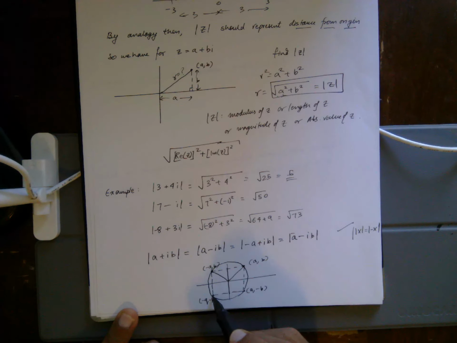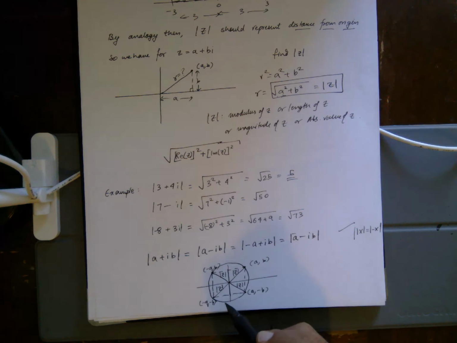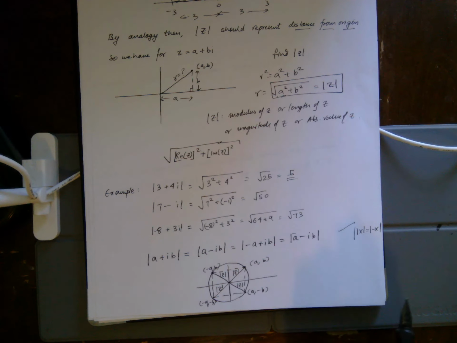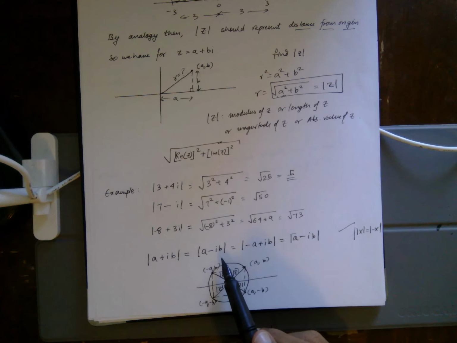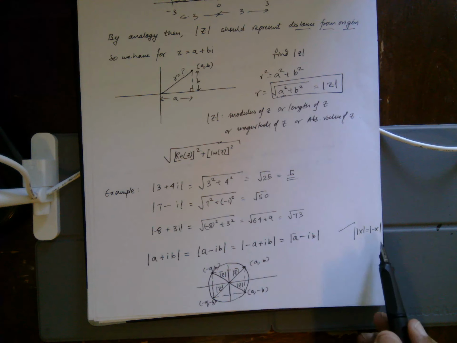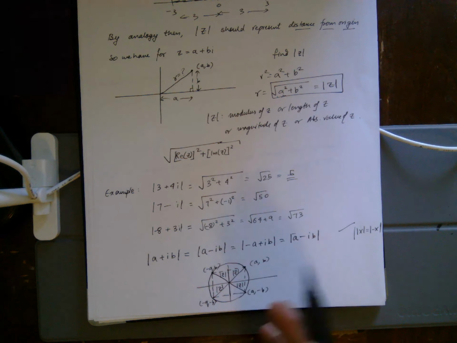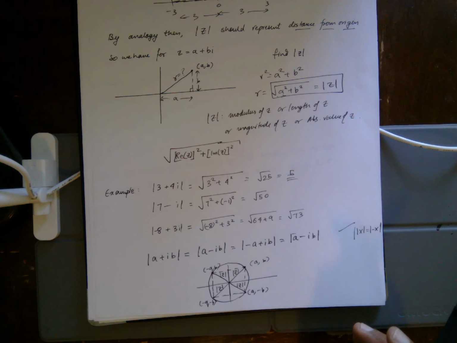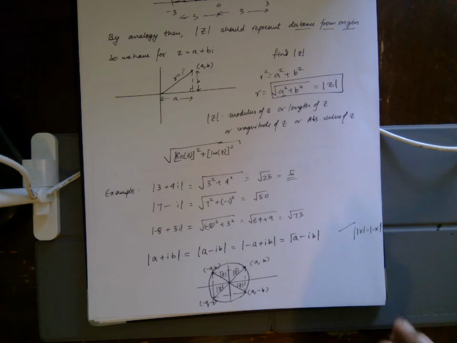And the distance, the modulus of this complex number, on the graph, that's the radius of the circle. And the radius of the circle is always the same. So it remains unchanged. So the idea here is that the absolute value of a complex number behaves similar to the absolute value of a real number, in that you can interchange the positives, negatives, and it still remains the same. Now, because there are two numbers, there are four ways of doing it, as opposed to real numbers.